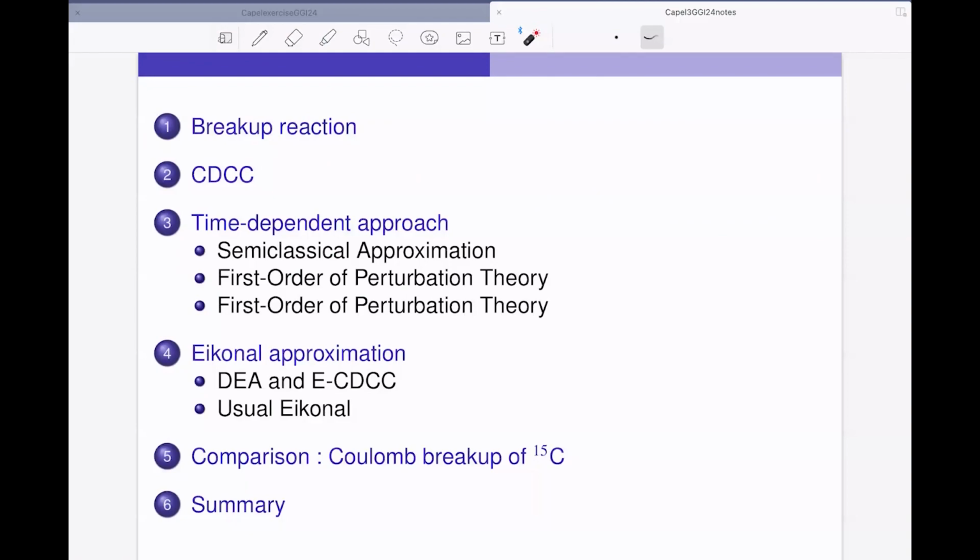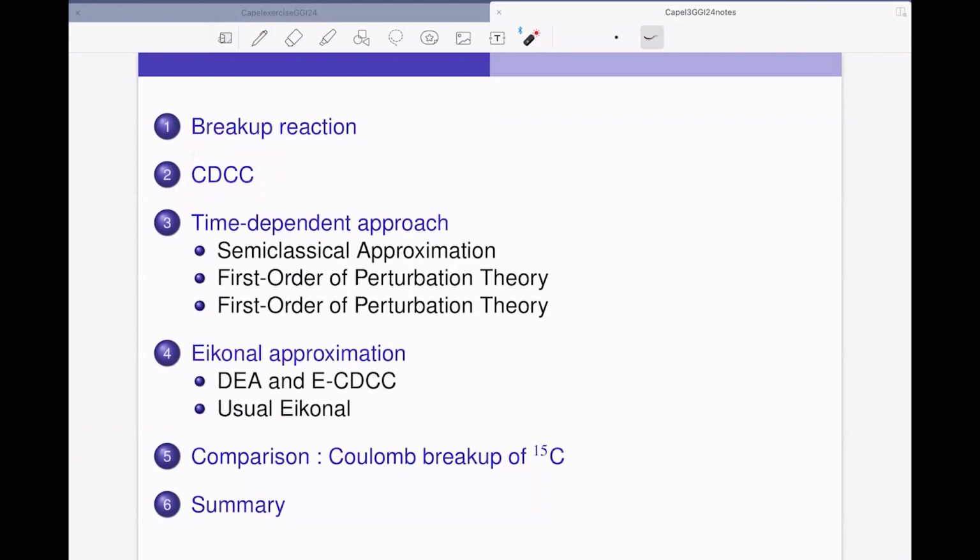And then we'll look at three different ways to solve the Schrödinger equation. There is the one which is fully quantum, and which is a coupled channel method. It's called CDCC. CD stands for continuum discretized, and the other two C's are for the coupled channel.